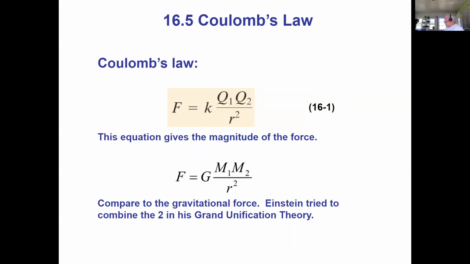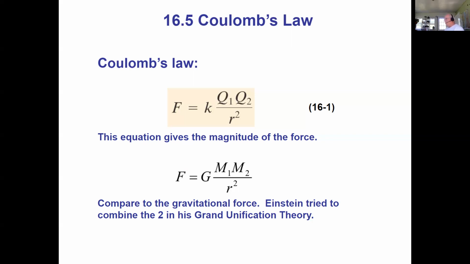And it's closely aligned with the concept of a field, which we'll talk about in the next video. But two charges, and they're represented by Q1 and Q2. K is a Coulomb constant, and it just has numbers that get the units to all work out right. And then divided by r squared, which would be the distance between their centers.